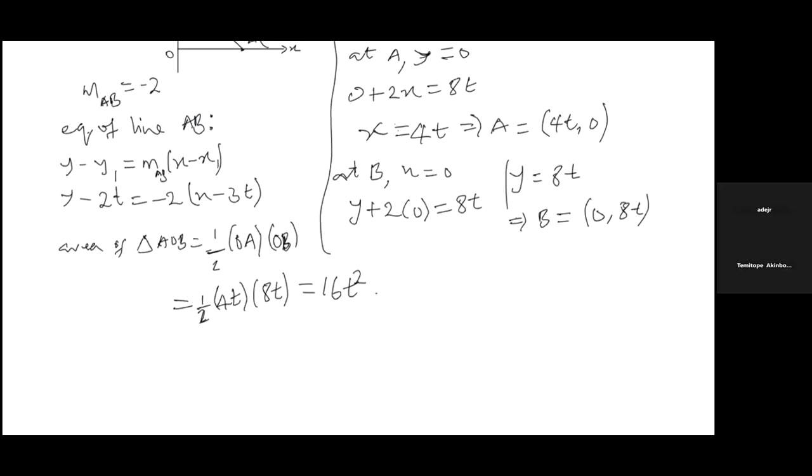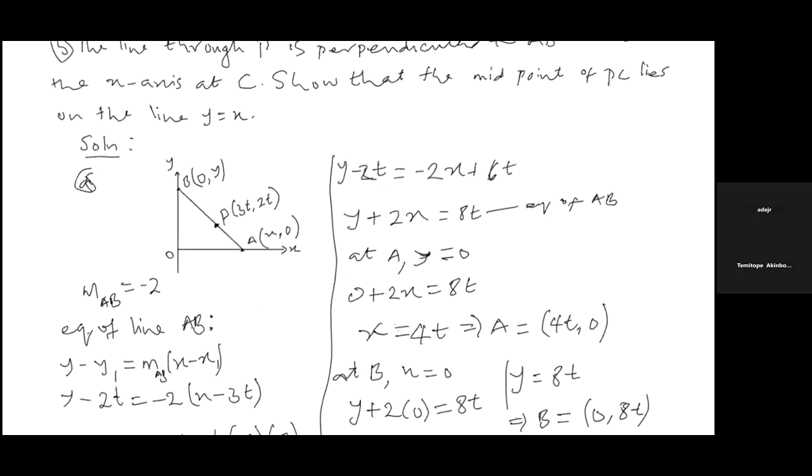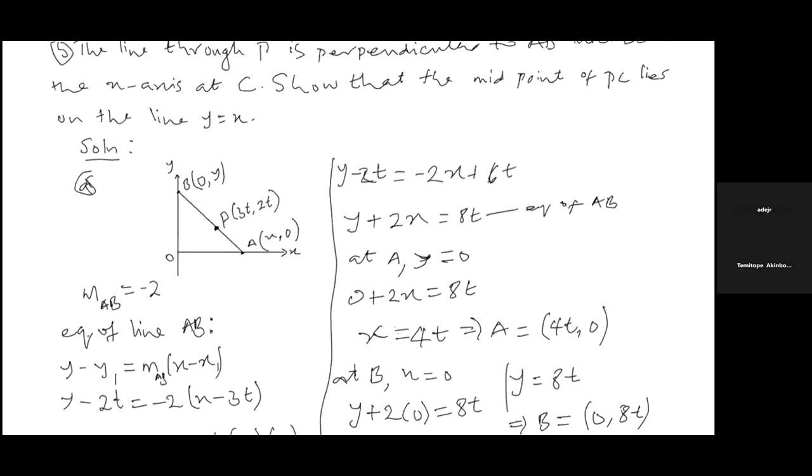So question B says the line through P is perpendicular to AB. So what does that suggest? Let's go back to the diagram. The line through P is perpendicular to AB.